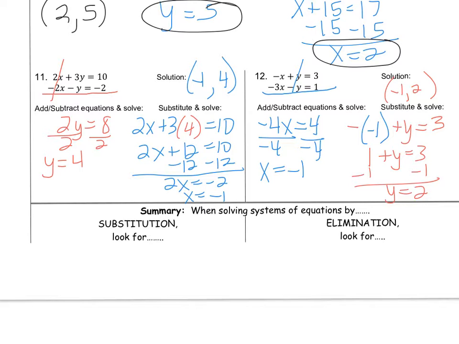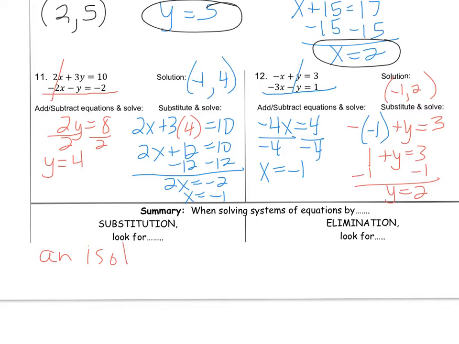All right, so in summary, what we learned today was solving systems of equations using either substitution or using elimination. And sometimes it's easier to use substitution, other times elimination is better. So what we're looking for in substitution is when we have an isolated variable.